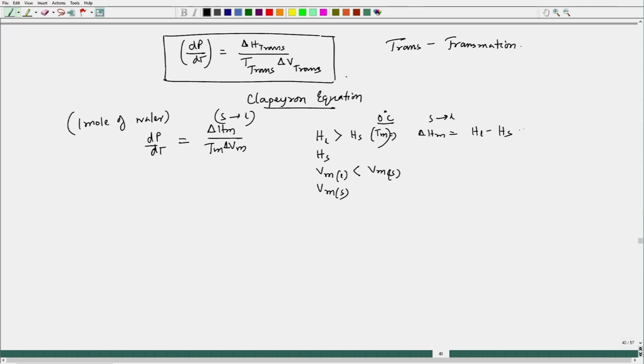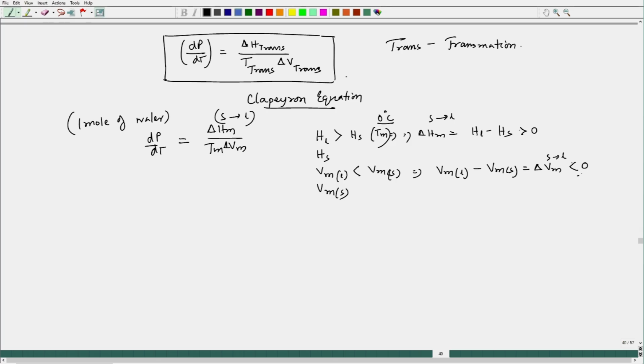So, this should be positive, greater than 0. Now, here Vm liquid, which is the final stage, minus Vm solid, which is the initial stage, because we are considering solid to liquid, which is nothing but ΔVm solid to liquid, should be less than 0. Okay.